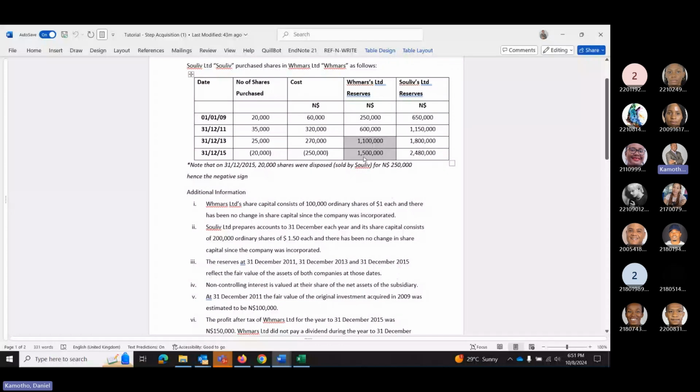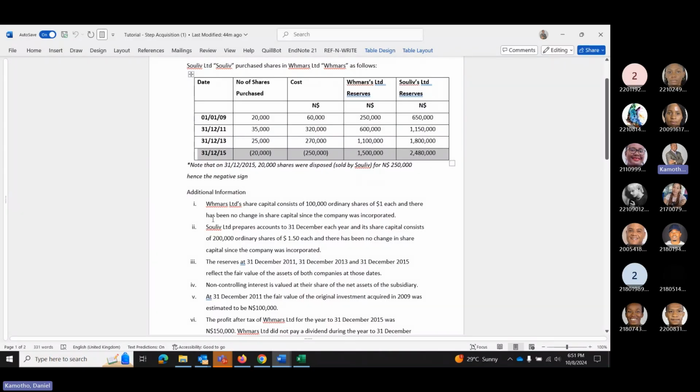Then 1,350, we subtract the 1.1, gives us 250. So we are saying of the 400,000 made between 2013 and 2015, 250 were made in 2014. And that is what we want to share now. Then the profit for the year will have to be shown in the movement in reserve during the year.